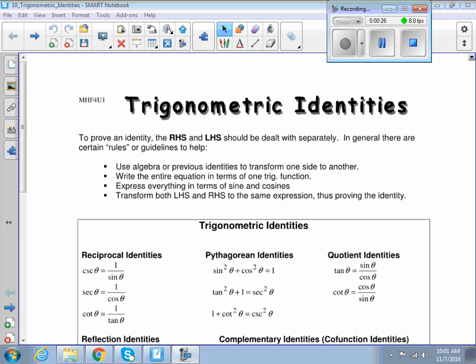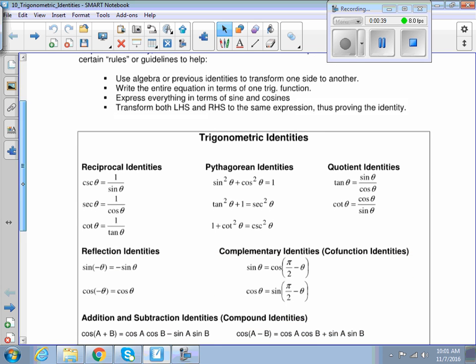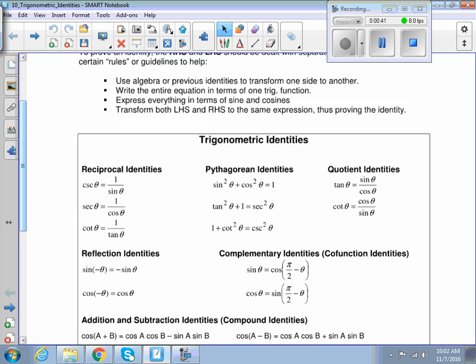It's just that now we have more basic identities that we can use in order to prove our identities. So on the first page of your handout, I've given you the identities that we can use in order to prove the identities that are given to us.